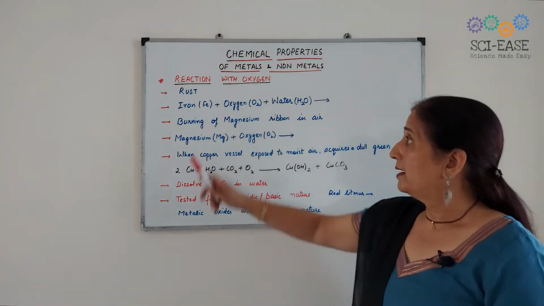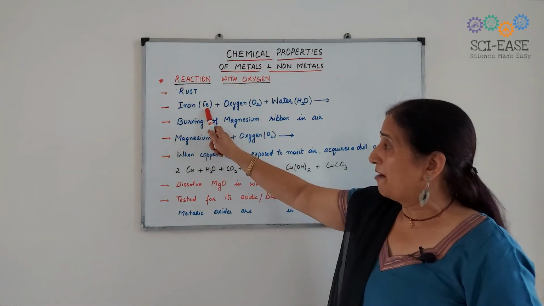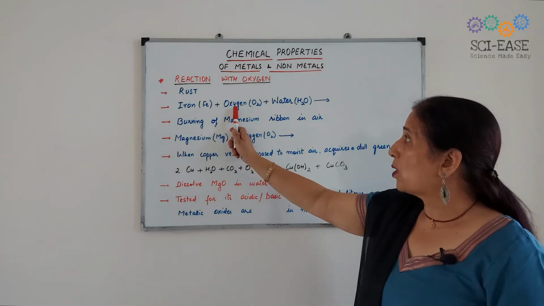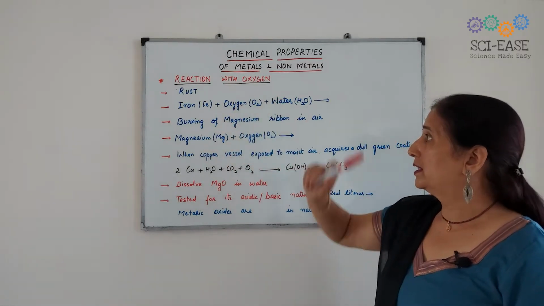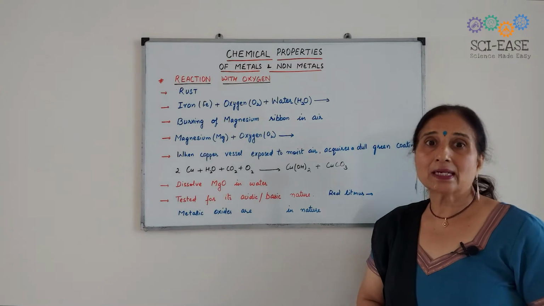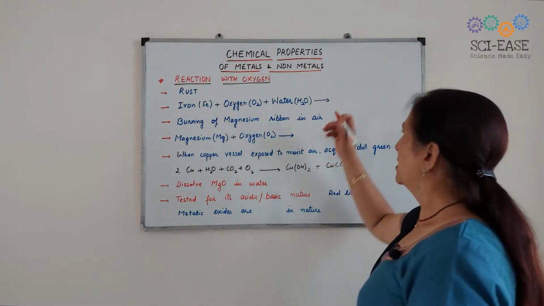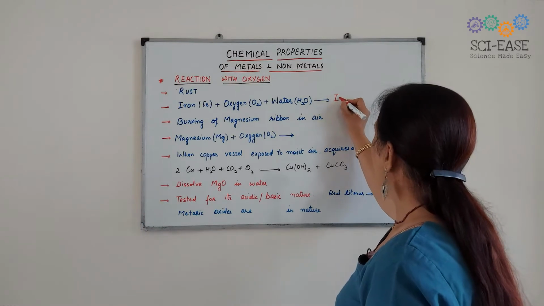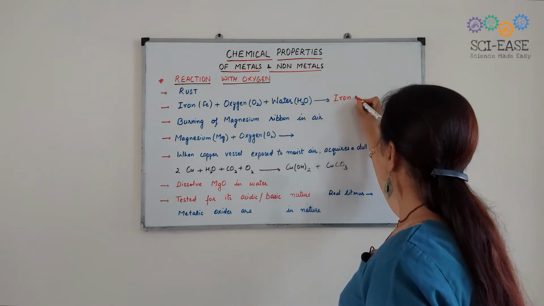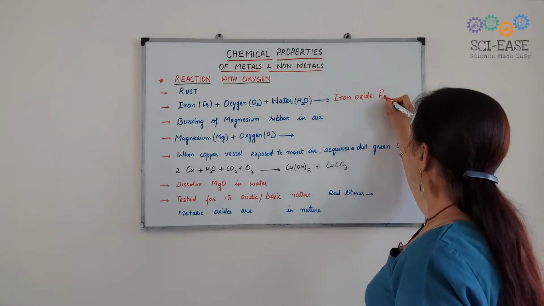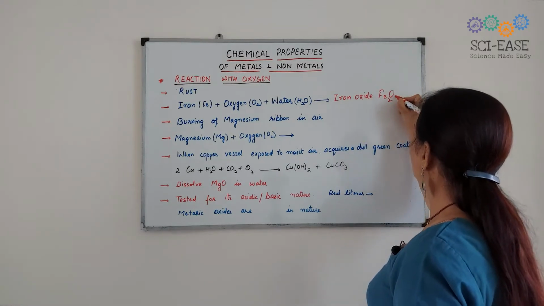So when iron, its symbol is Fe, reacts with oxygen and water, what will be the result? Iron oxide will be formed. And what is its formula? Its formula is Fe2O3.